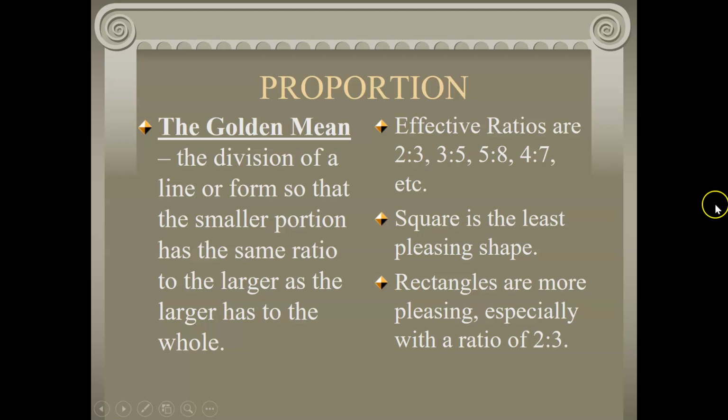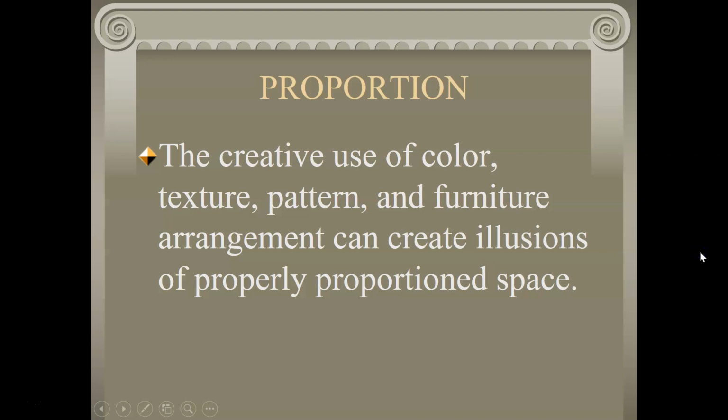Rectangles are more pleasing, especially with a ratio of 2 to 3. So let's carry on. The creative use of color, texture, pattern, and furniture arrangement can create illusions of properly proportioned space.